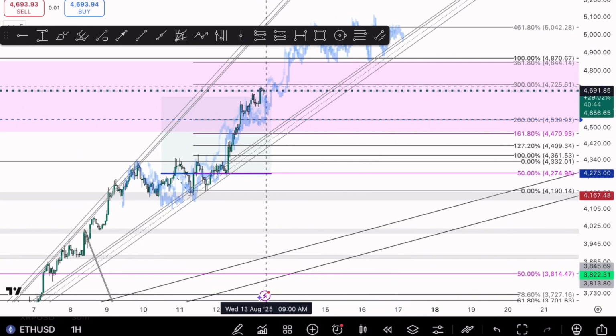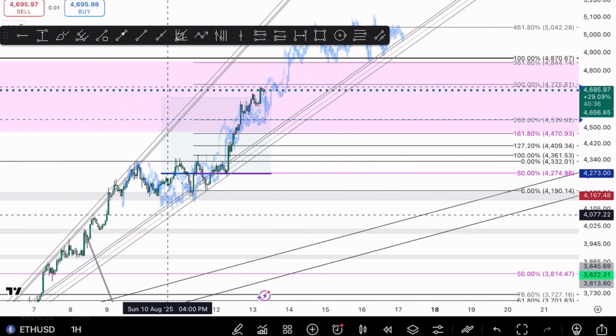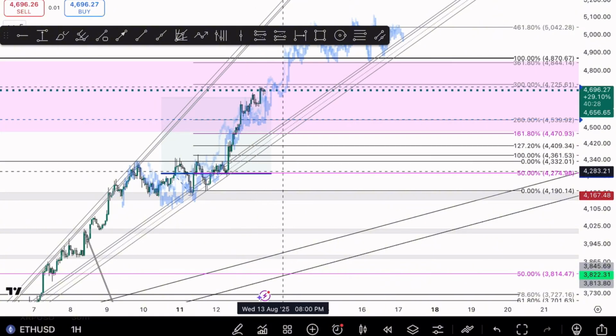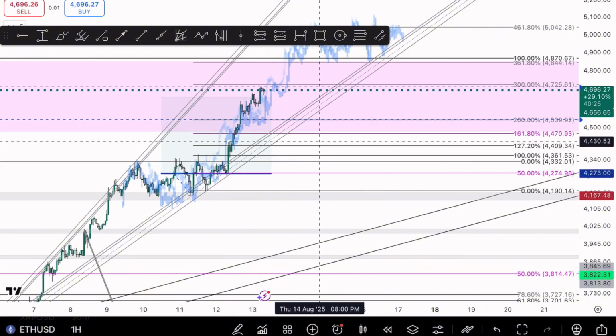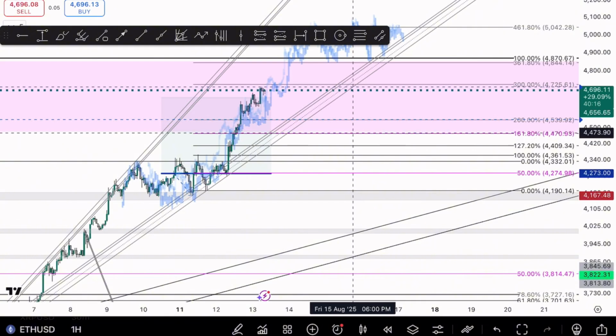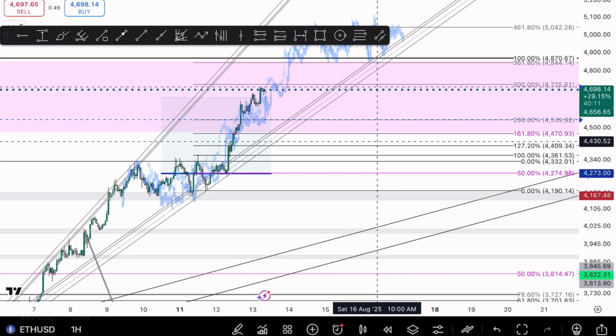Let's say it hit this level, comes to this level, but it's still within here. Even if it comes out of this parallel trend, I'll let it come out, let it come down, wait for it to bounce, and see if it's holding a support, because that's where you can get sold out before it has finished.